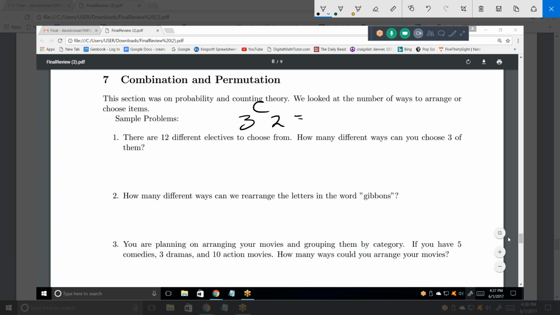What it is, n choose r, is always n factorial in the numerator, and in the denominator it's n minus r factorial. And the way I kind of remember these is, there's the same number of n's as there are r's, so this needs another r factorial. Now I've got 2 r's and 2 n's.